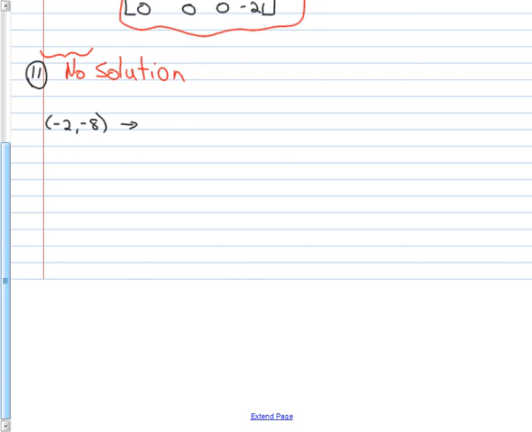Negative 8a. And then how many b's? 4b. Then minus 2c plus d equals, I've kind of turned it around, negative 8. The function is negative 8.